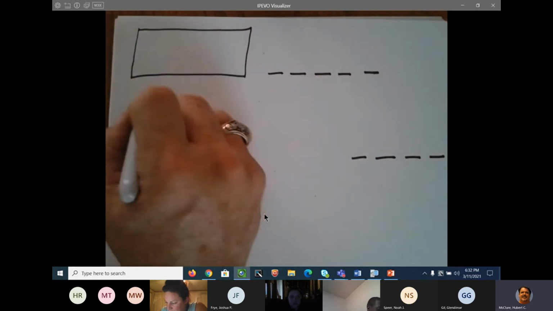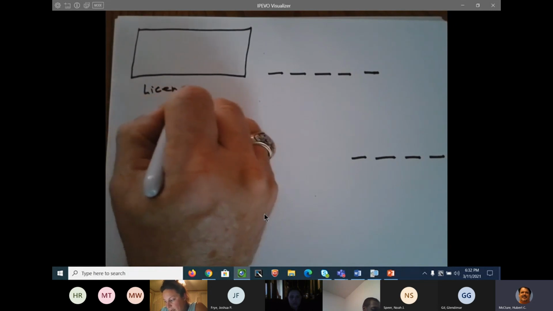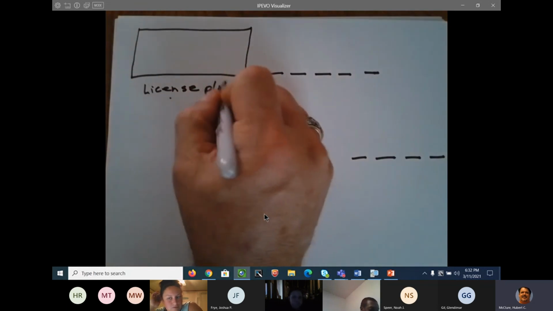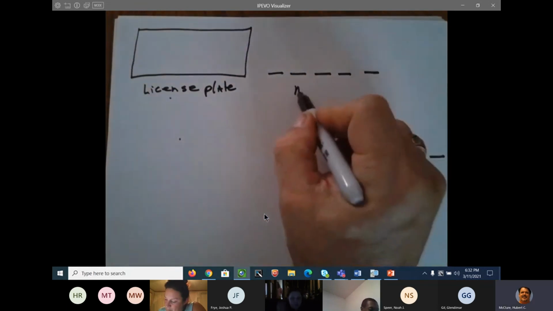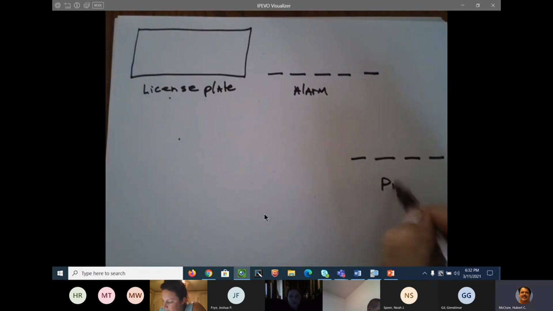So this is your license plate, and I always forget how to spell license. L-I-C-E-N-S-E. I always get the C and the S mixed up. Plate, alarm code, and pin number.